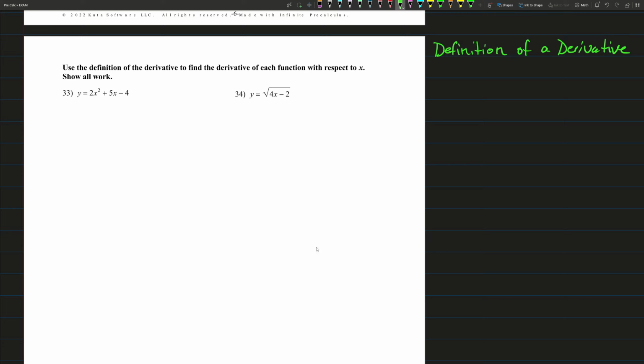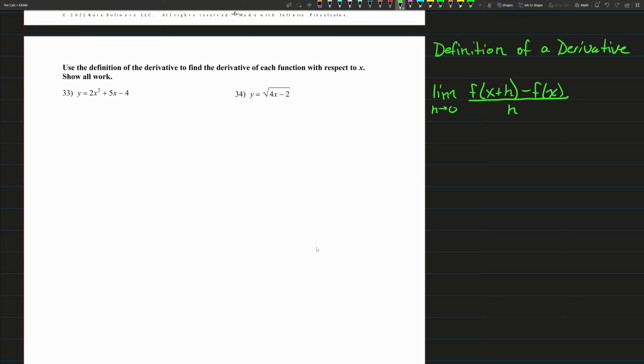In order to do that, we take the limit as h approaches 0 of f of x plus h minus f of x, all over h. And we derived this in class. Again, it's just taking the slope of 2 points really, really close together.